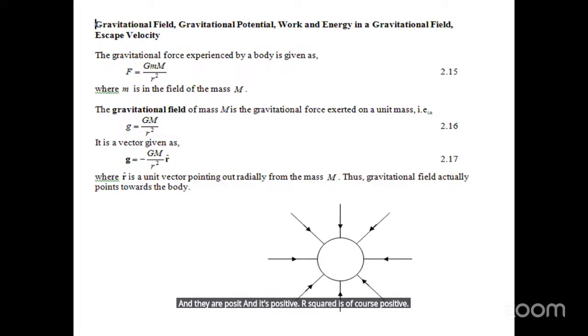So minus GM over R squared, R cap is pointing opposite R cap, right? Yes, it's pointing opposite R cap. That means it's pointing towards the center of the body. That's why the arrows you can see in that figure are pointing inwards.